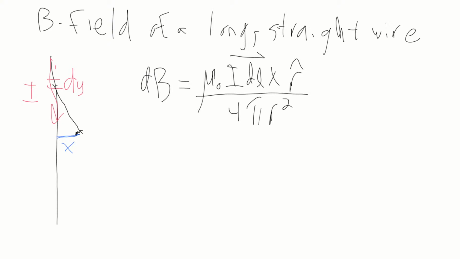I'm going to go ahead and lose the r hat, only because if you look at the wire from where we're standing, we're going to get a contribution that's basically perpendicular to both x and y.